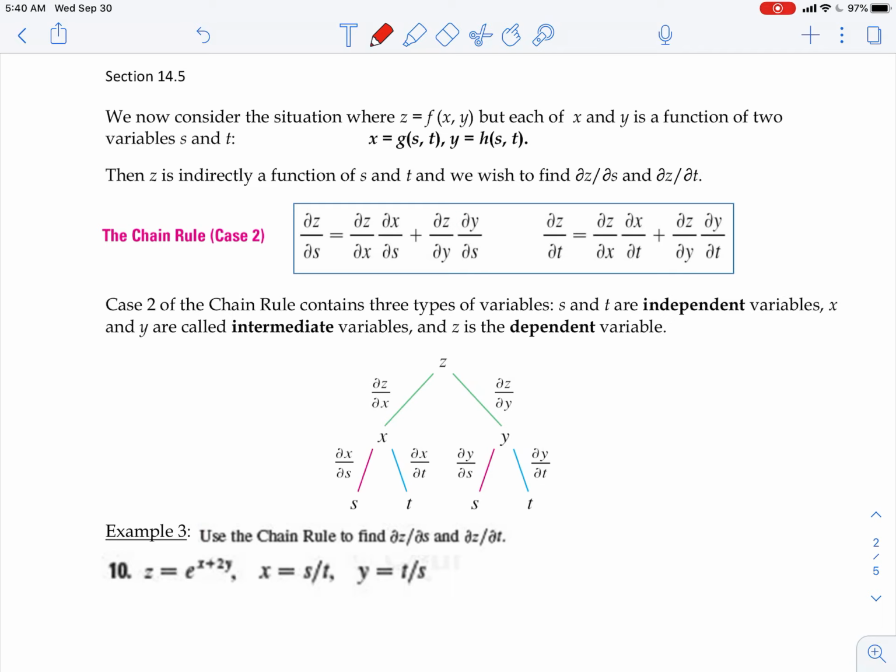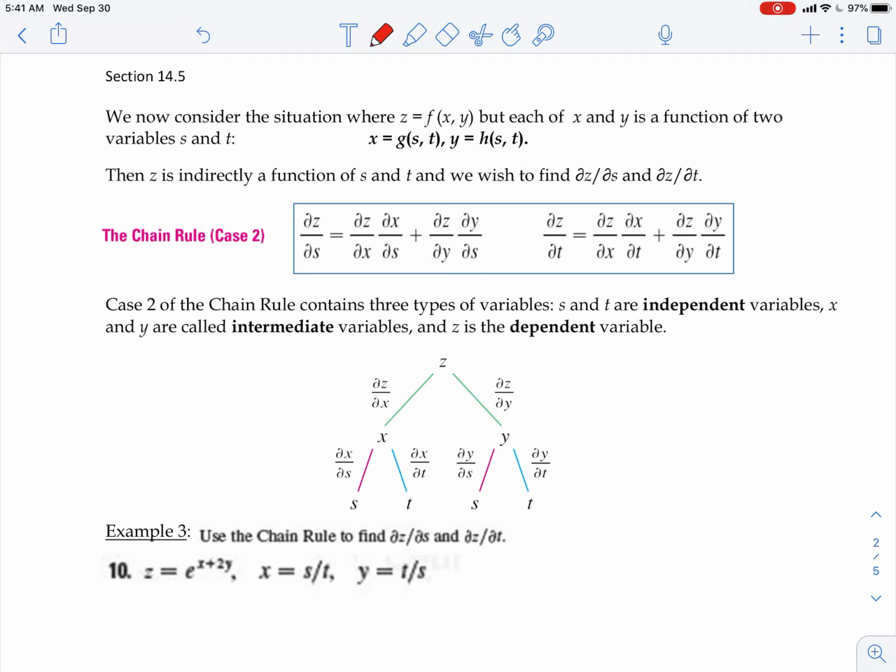To page 2 of the chain rule. Now what we're going to do is consider a situation where we have a function of two variables, but each of the variables x and y is a function of two other variables s and t. And so z is indirectly a function of s and t, and we can take the derivative of this, but now instead of being able to say d like it's defined, now we'll say partial.